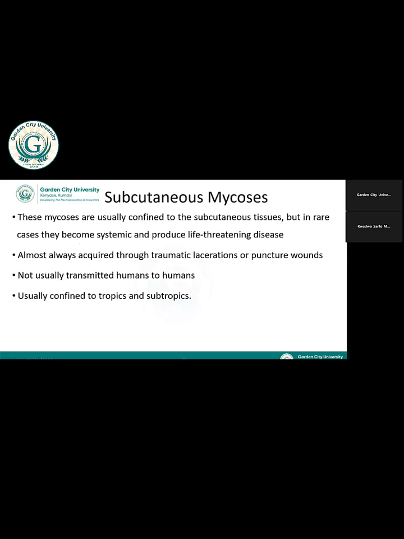So when people have cats, especially in the environment, on the farms, our attention should not be only on tetanus. We should also look out for subcutaneous mycosis. But mostly the immune system, if it's strong, is able to fight these fungi, and then the person does not develop the disease.